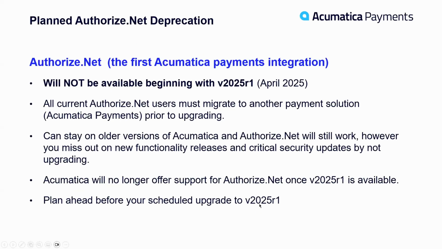So with that, I think I have a slide talking about that. I do. So if you're using authorize.net for your payments today integrated with Acumatica, just keep in mind that you need to have a plan to migrate to a different payment solution, preferably Acumatica Payments, before upgrading to 2025 R1, because it will not be available in that version.